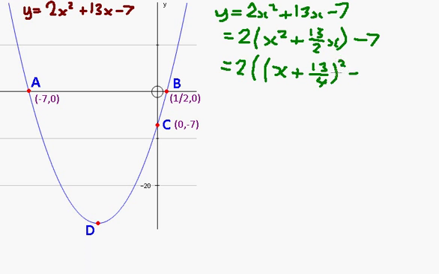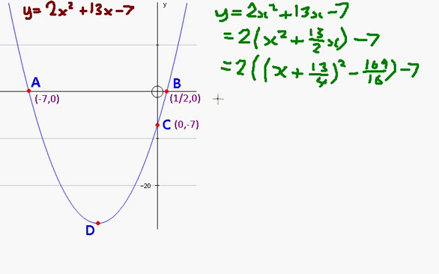Now what I'm going to get out of this is an extra 13 over 4 all squared. So I've got to take away 13 over 4 all squared. So that is 13 squared is 169, and 4 squared is 16. Close bracket, and I've still got that take away 7 on the end.